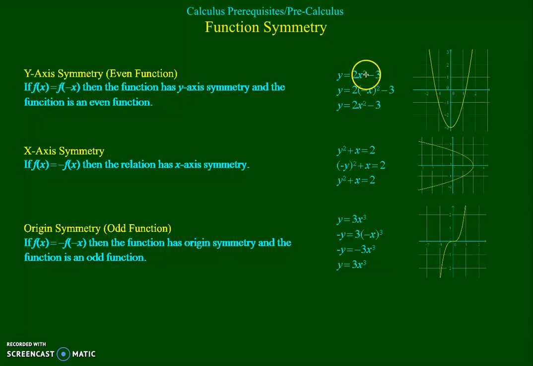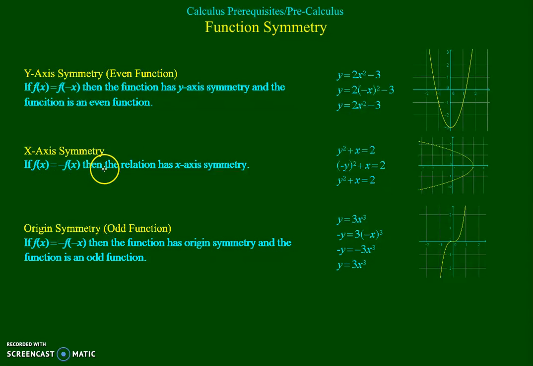So you can see here, we replace this x value with a negative x value, and we solve. And you can see that negative x squared is still x squared, so these two expressions are equal. Therefore, f of x, which is this, equals f of negative x, which is this, so this is a function and it has y-axis symmetry.